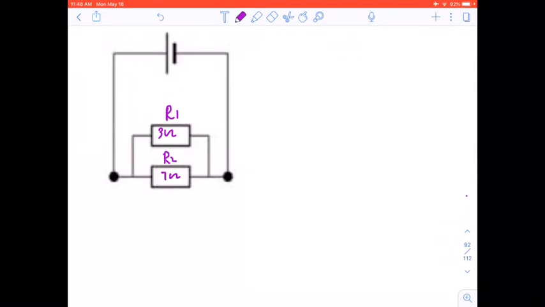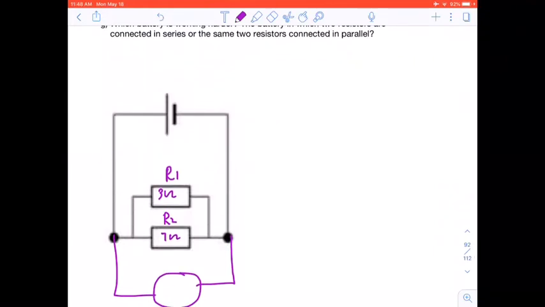Also here we now have a voltmeter across these two resistors in parallel, and that voltage remains the same.